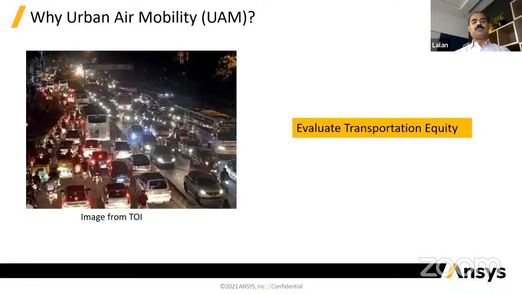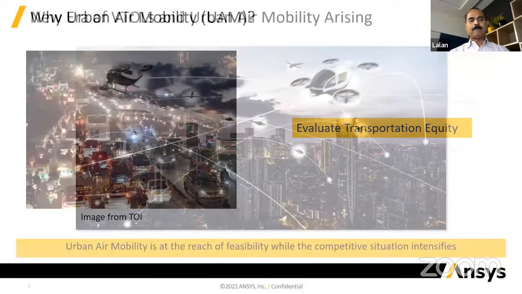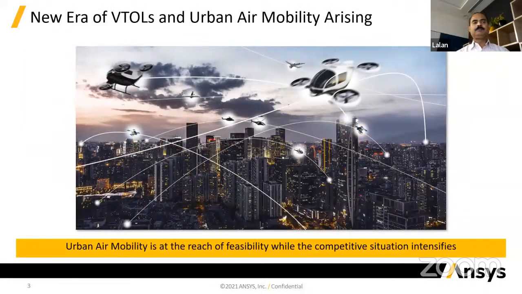So all together, we need to give a lot of importance to this transportation equity. So how can we improve this transportation equity? Can urban air mobility, or UAM, be an answer?